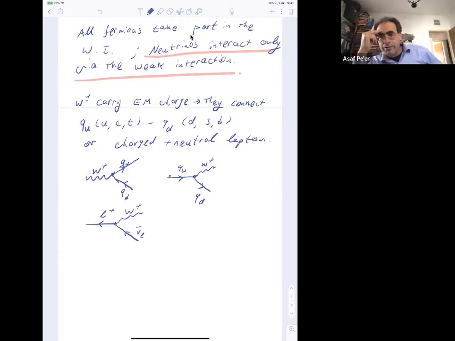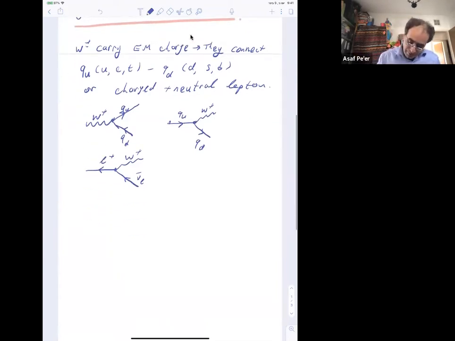Now, as we saw last tutorial, the W plus minus connect quarks from different generations, but there is a smaller probability, which is given by this CKM matrix.